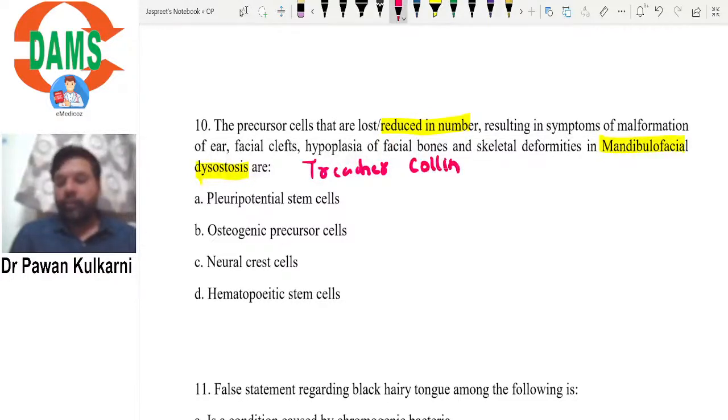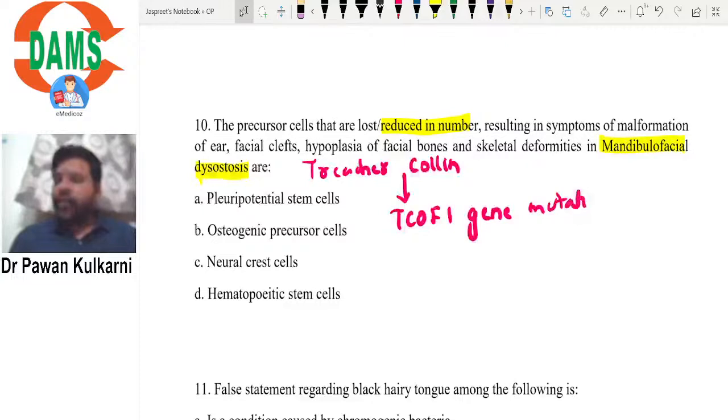Treacher-Collins syndrome. So what happens in Treacher-Collins syndrome? There is a gene mutation called TCOF1 gene mutation, right? And what is this gene mutation going to result in? It is going to result in the loss of neural crest cells.